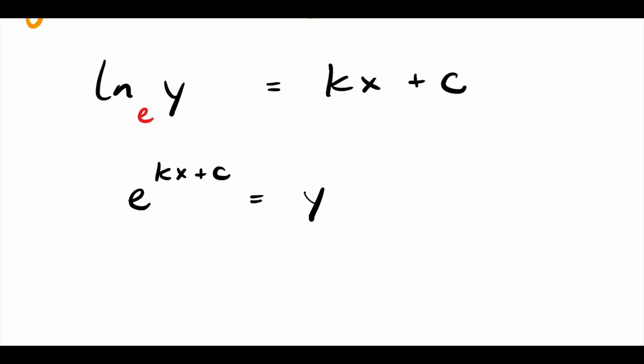Because we're going to be doing that a lot. We're going to be moving from exponent form to log form and log form to exponent form, going back and forth, back and forth, especially today. Anytime you deal with exponential growth and decay, that's what you're going to be doing.